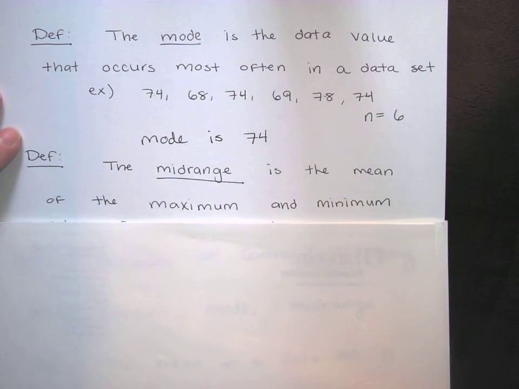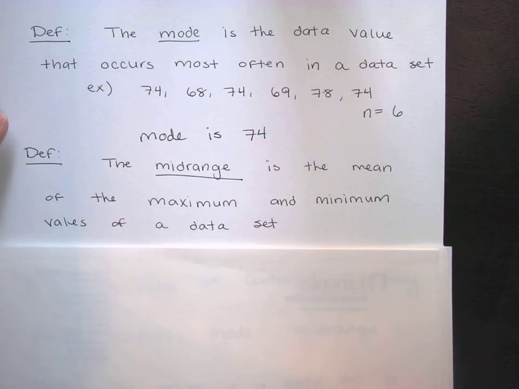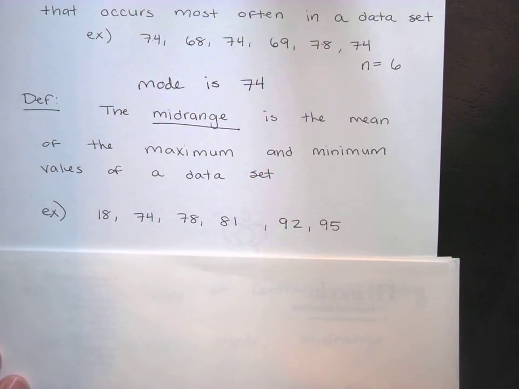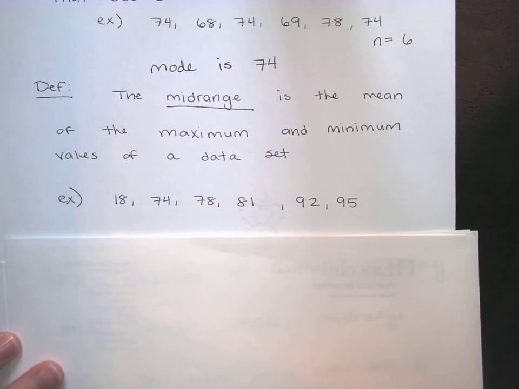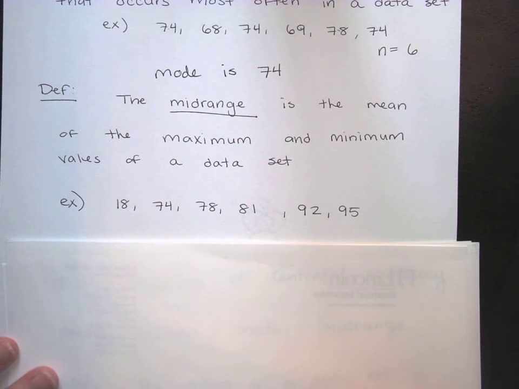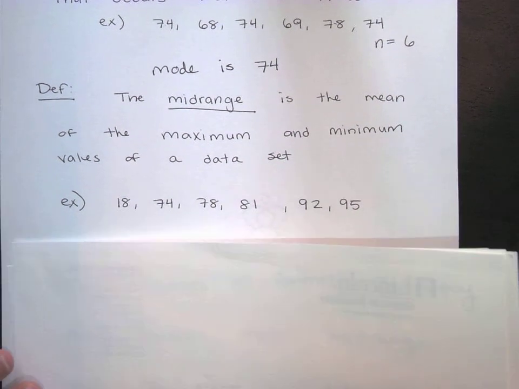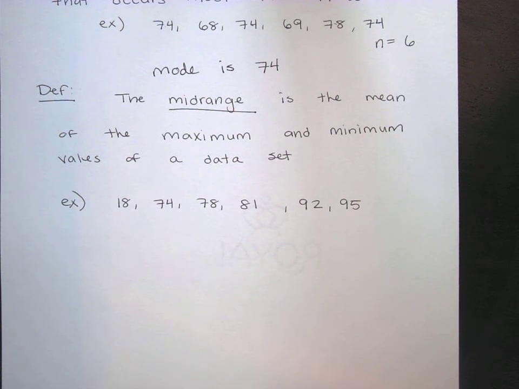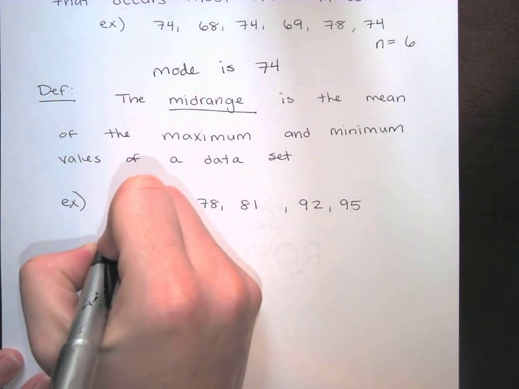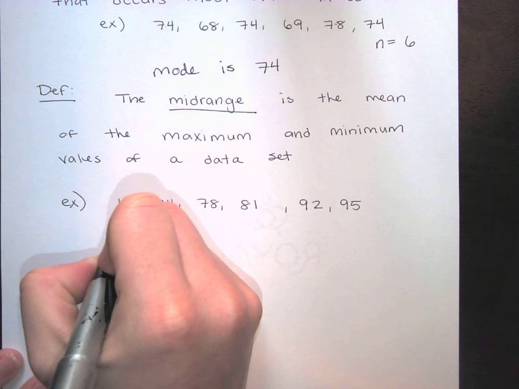The mid-range is the mean of the maximum and minimum values of a data set. So if we want to find the mid-range, we need to find the minimum and the maximum value and then take their average. So let's look at this set here, 18, 74, 78, 81, 92, 95. I could order these, oh, they are ordered. Perfect. So my minimum is 18.